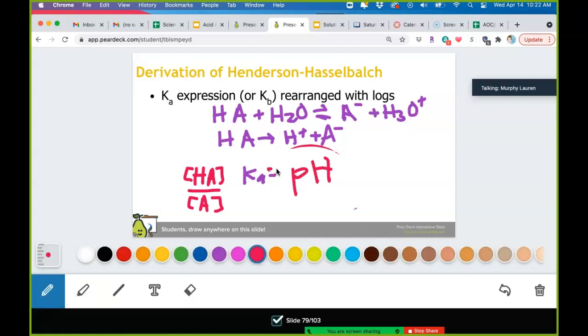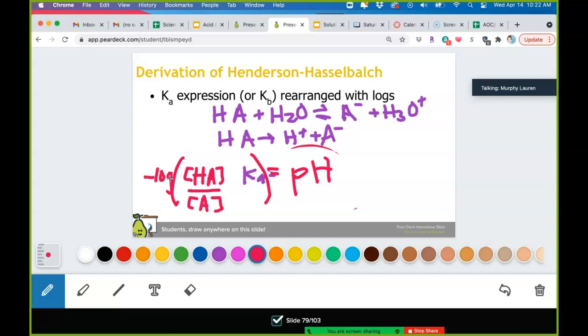Well, in math, if you do something to one side of an equal sign, you have to do it to the other. So I have to take the opposite the log of the other side. Now, does anybody know how logs work? You might not. I don't need you to know, but I'm going to tell you. When you log things that are being multiplied, they're actually being added together.